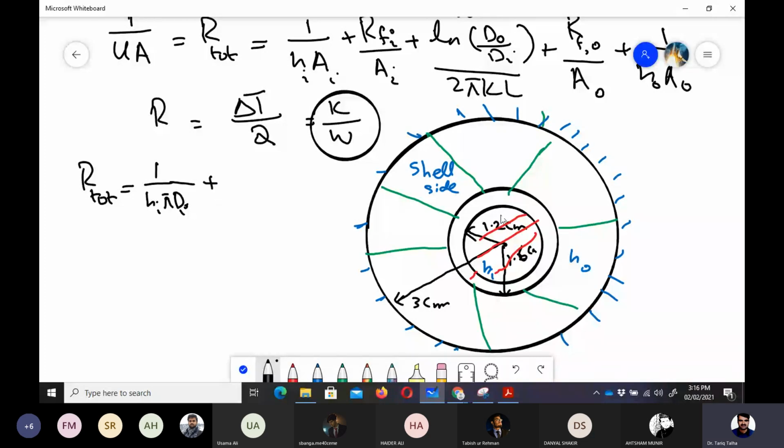Plus here there would be some fouling, that would be Rfi divided by pi di, which is the area into length. L is 1 meter.